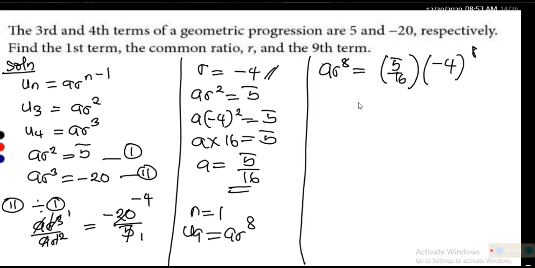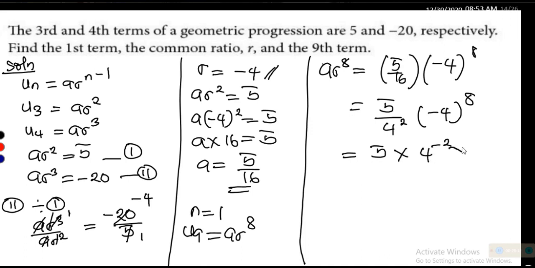Okay, and this is of course 5/4 squared multiplied by -4 raised to power 8. Minus raised to power 8 is positive, guys. So this is 5 times 4 raised to power -2 times 4 raised to power 8, which is 5 times 4 raised to power -2 plus 8, which is 5 times 4 raised to power 6.